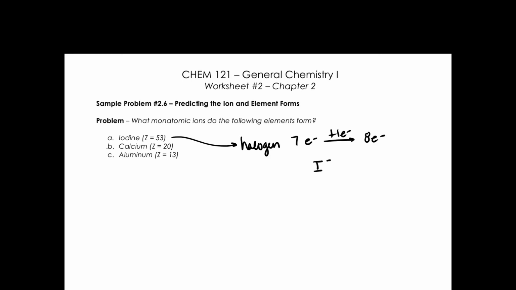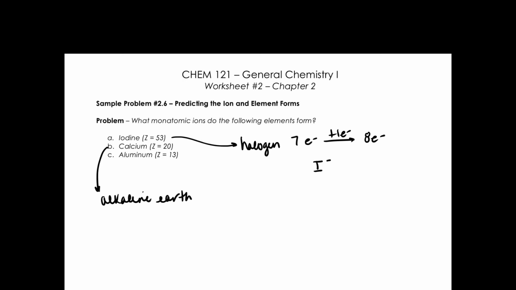So if we consider B, that is calcium. Calcium is what we call an alkaline earth metal.